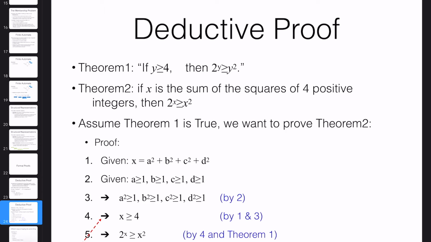It uses a different proof, in fact induction, which we will discuss later. But for now, for simplicity, just assume theorem 1 is true. I'm going to use it to prove theorem 2 using the deductive proof.